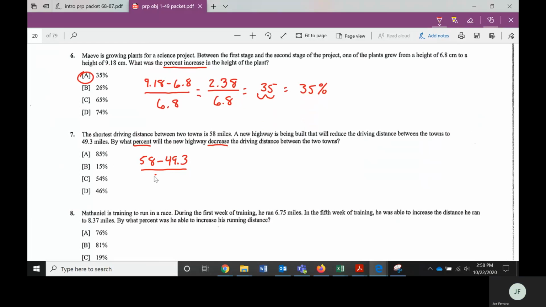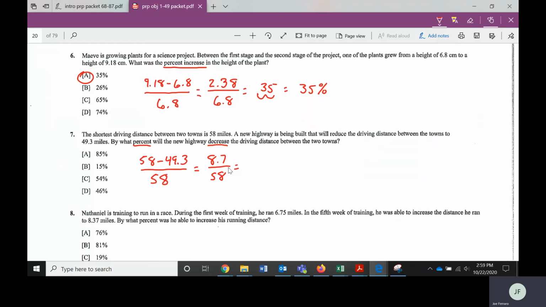So that means for this problem, the original distance is 58 miles. Okay. So top, we take 58 minus 49.3, we get 8.7. So that means it's 8.7 miles shorter. The bottom stays what the original was, 58.